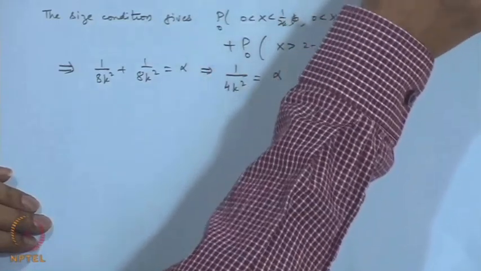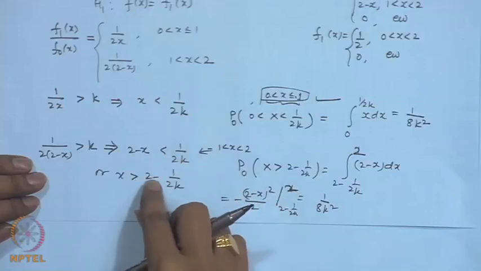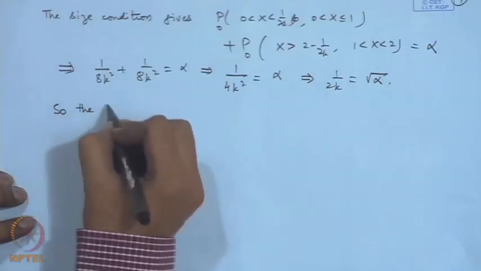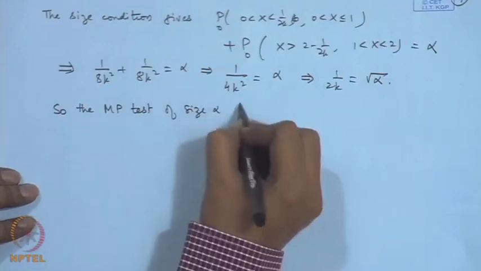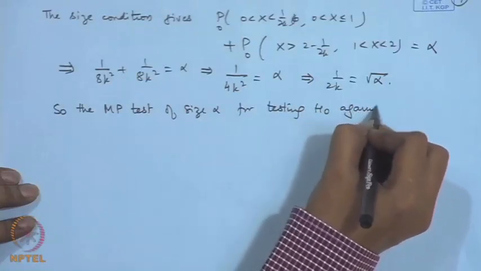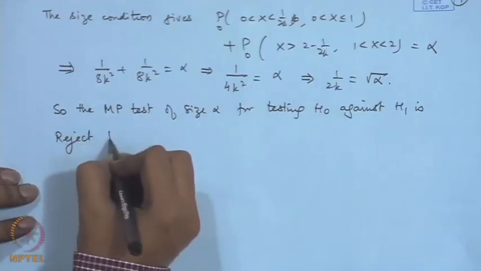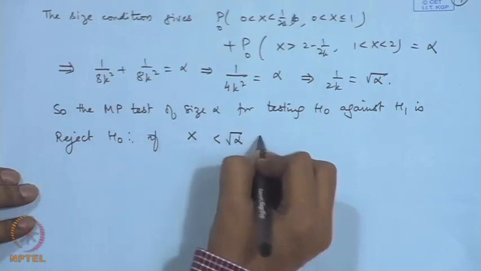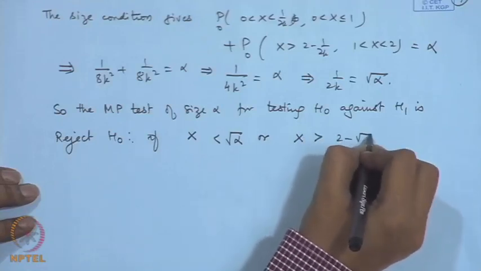So, the region of rejection becomes x is less than root alpha or x is greater than 2 minus root alpha. So, the most powerful test of size alpha for testing H naught against H 1 is: reject H naught if x is less than root alpha or x is greater than 2 minus root alpha.